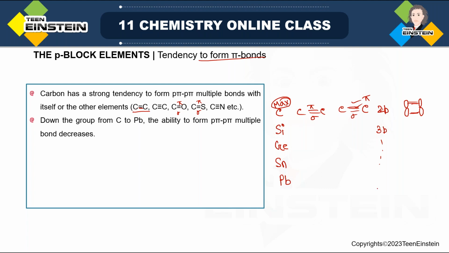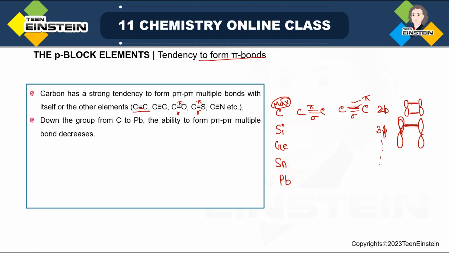Because of the compact nature and small size of the 2p orbital, this type of sidewise overlap is good. But if you consider a silicon double bond with another silicon, there should be a pi bond between 3p orbitals. Now as the size is increasing, it is more diffused, so this type of sidewise overlap will not be very effective.